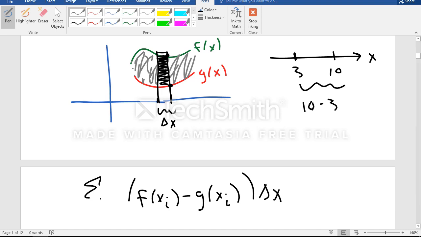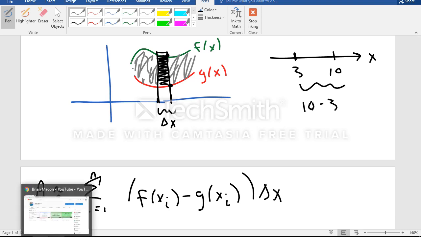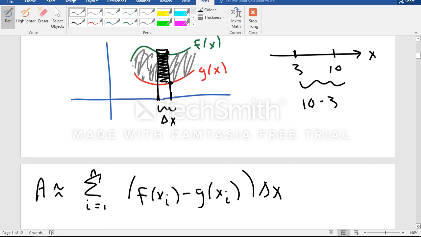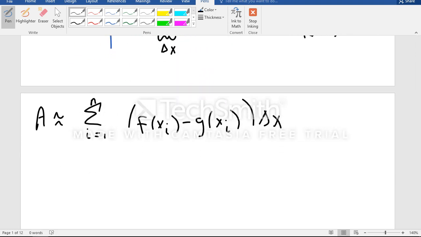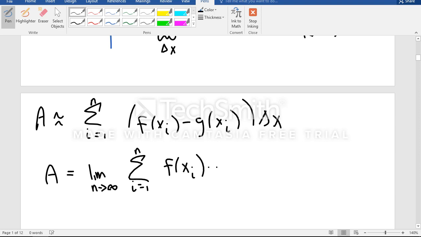And again, technically, we're going to sum these up from 1 to n, and we're going to say our area is approximately that value, and then when we take a limit of that expression, that's going to give us our integral. So we're going to say the limit as n goes to infinity of the sum from 1 to n of f of x sub i minus g of x sub i, times the width.